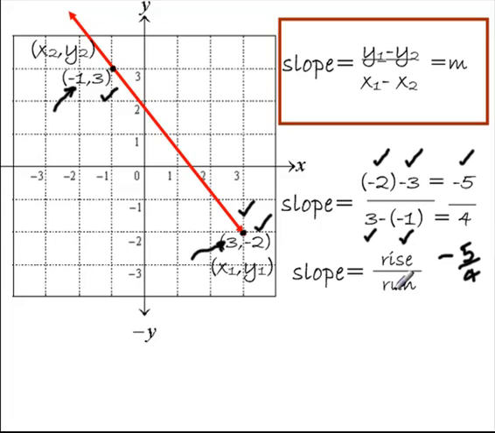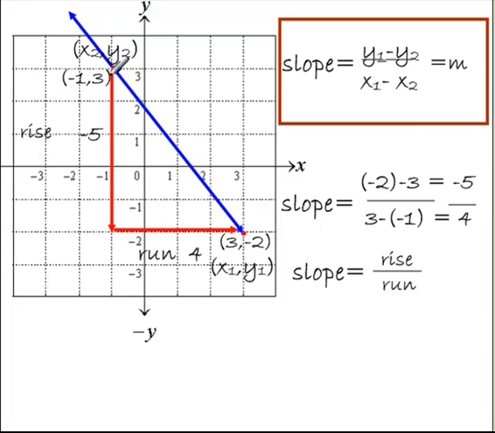Let's take a look at rise over run and see how I wind up with -5/4. So if I were to start at the point -1, 3, right here, and I wanted to move to the point 3, -2, right here, I would first go down parallel to the y-axis until I got to a point which is right across from the point 3, -2, and then I would move to the right.